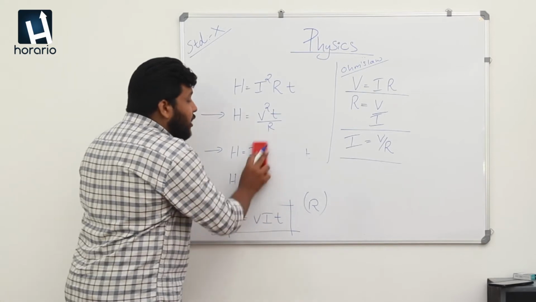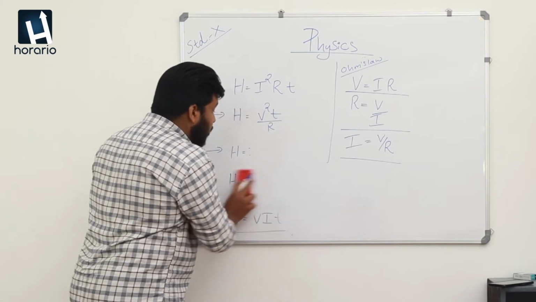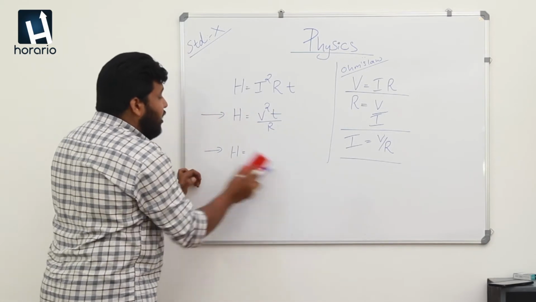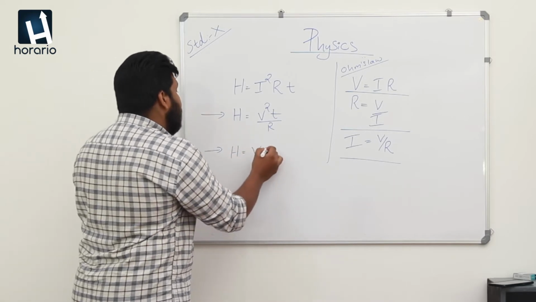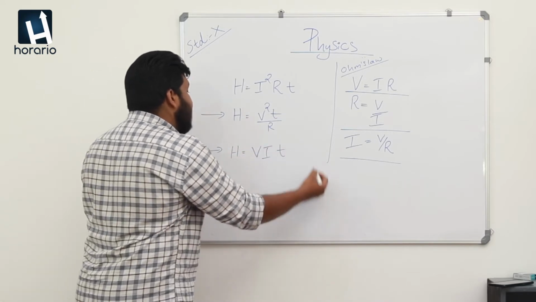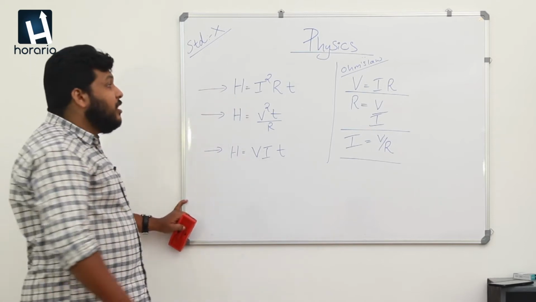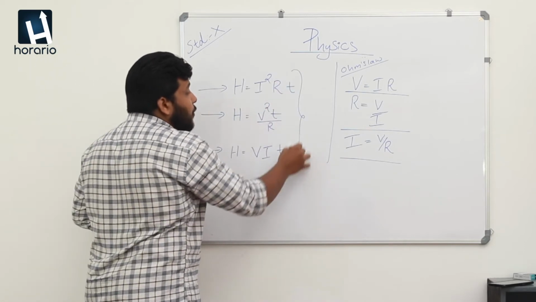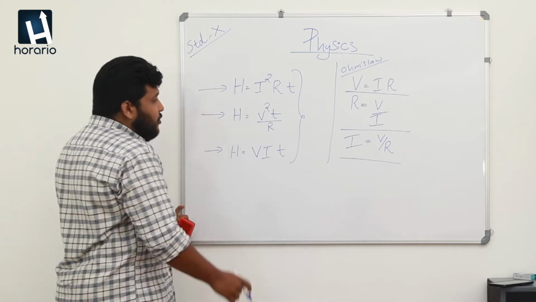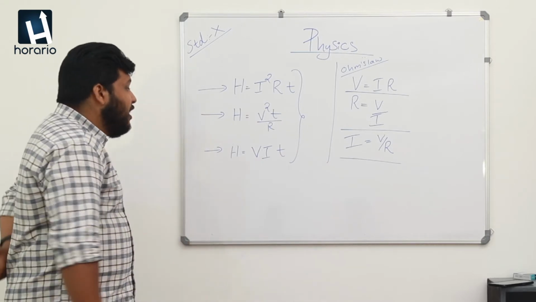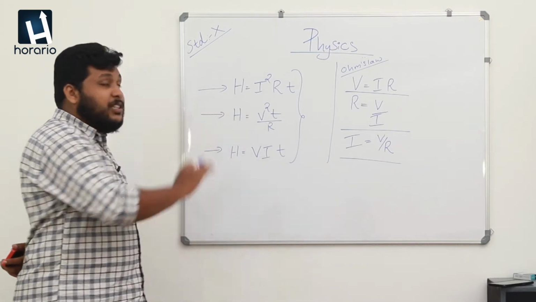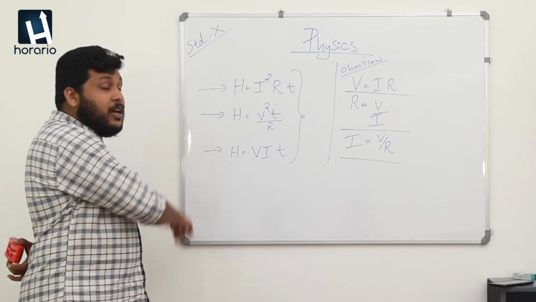So the third equation for Joule's law, we can write as H is equal to V I T. Using these 3 equations, you can solve problems very easily in each situation where values are missing.